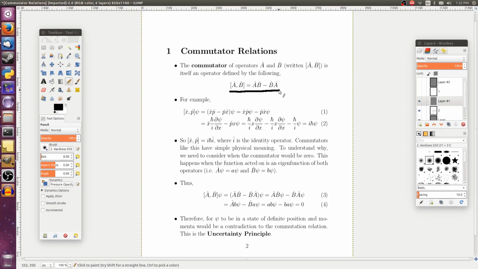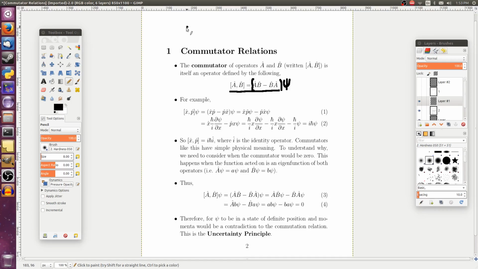And we define it as the operator AB minus BA. And this ideally is going to act on some wave function. Now, the operators that we always use are going to be linear.